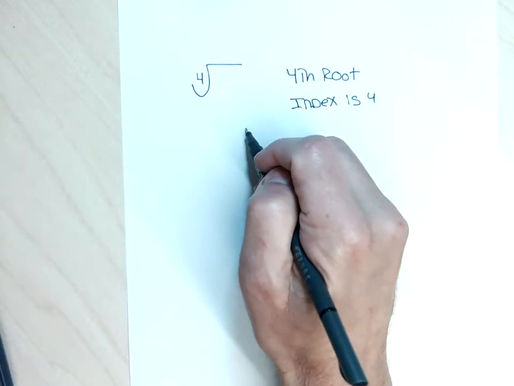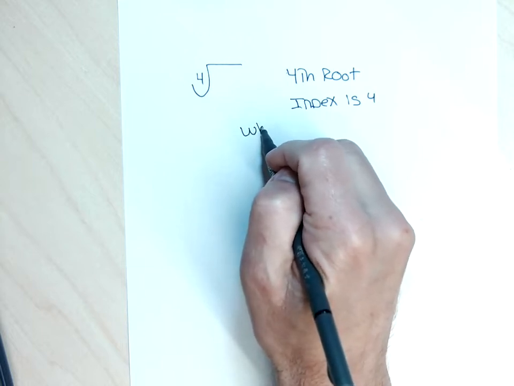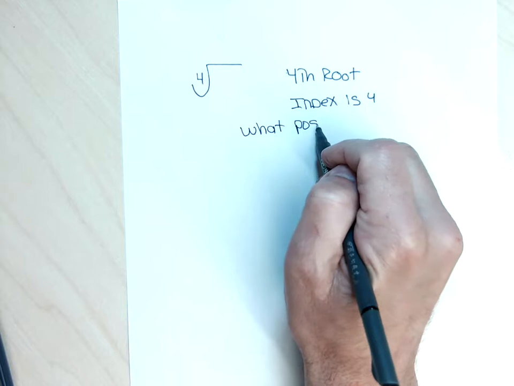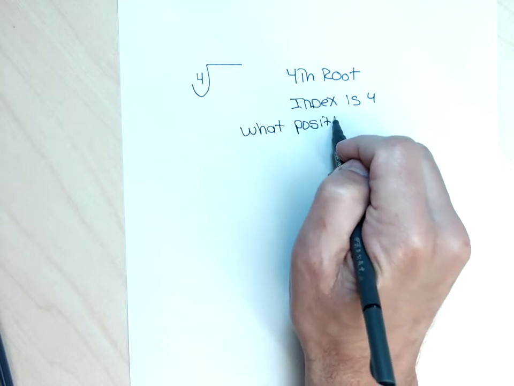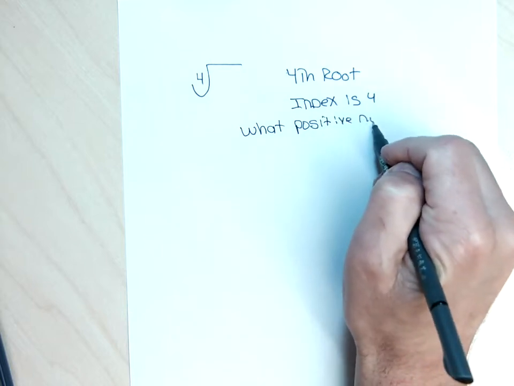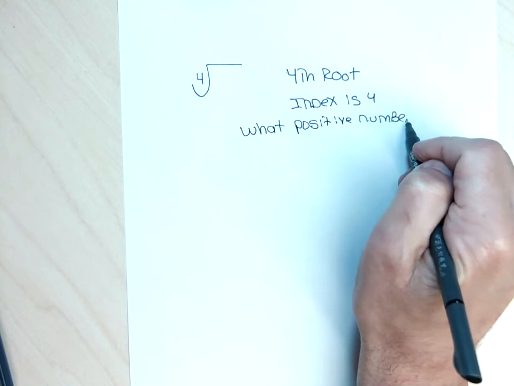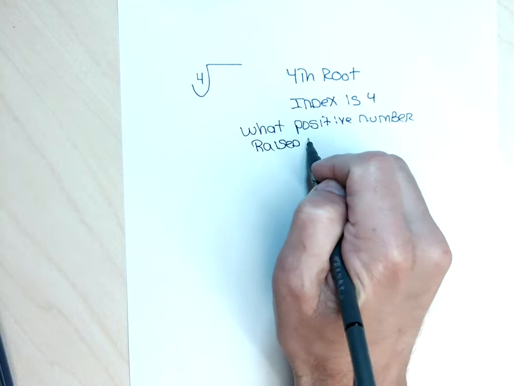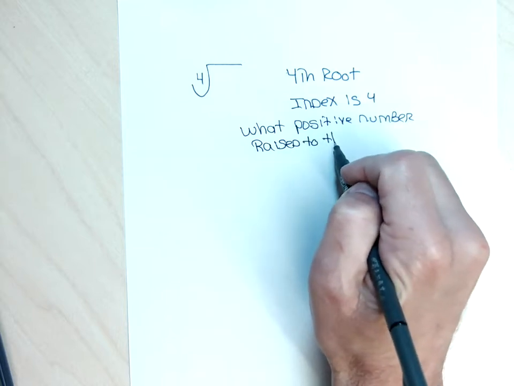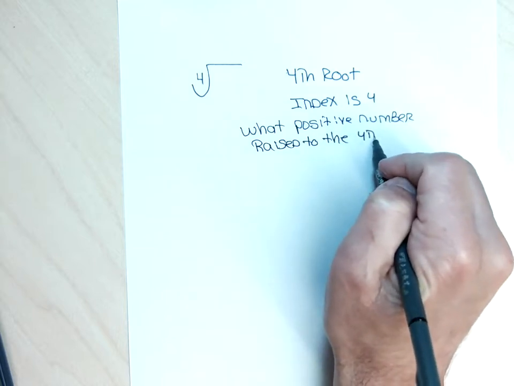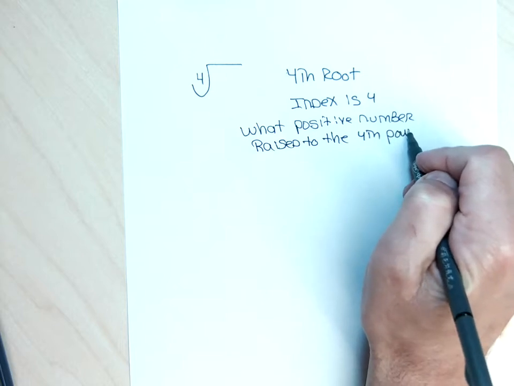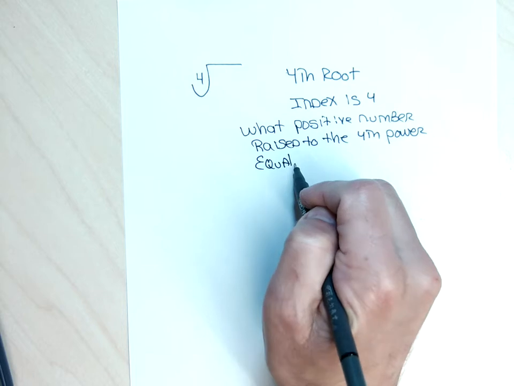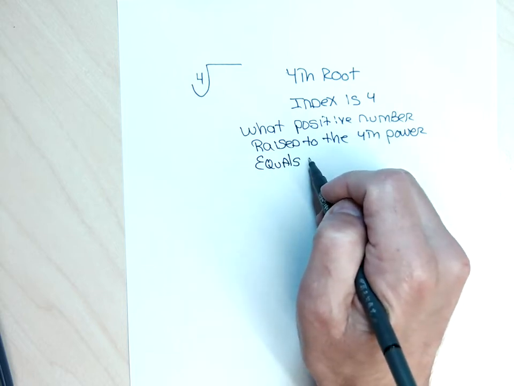A 4th root symbol asks what positive number raised to the 4th power equals whatever the radicand is. And the radicand is the number or the expression under the radical.